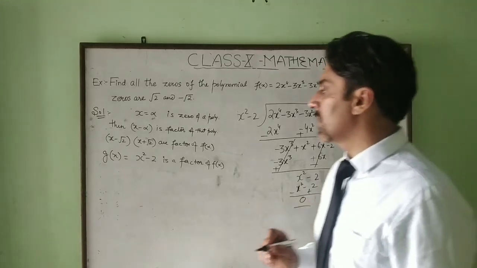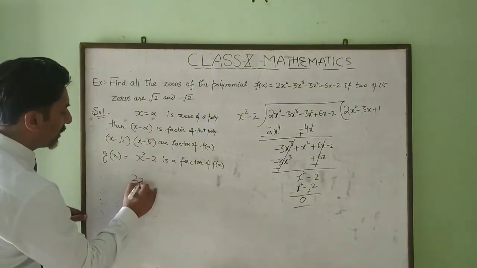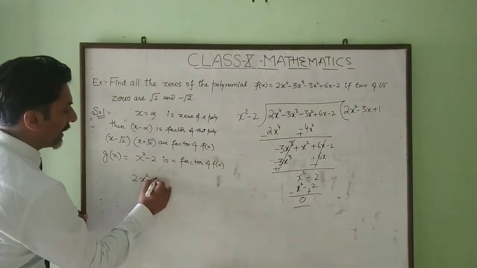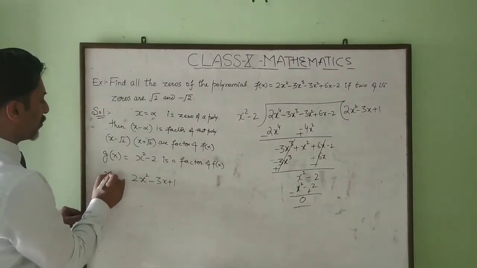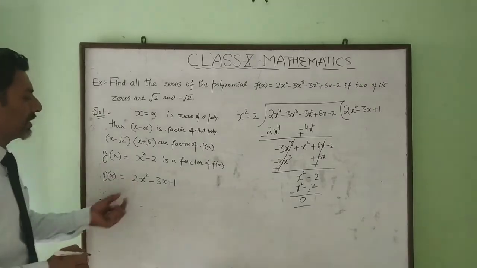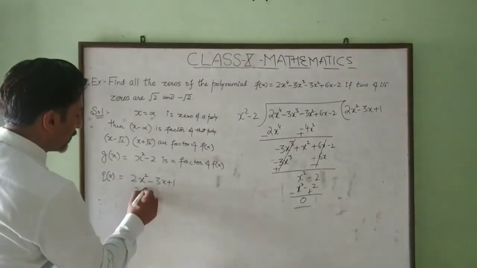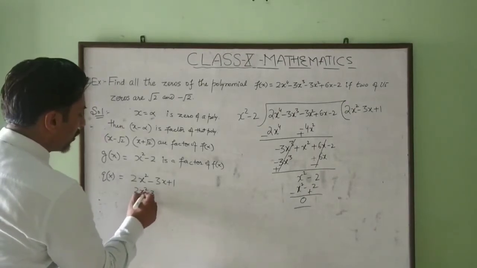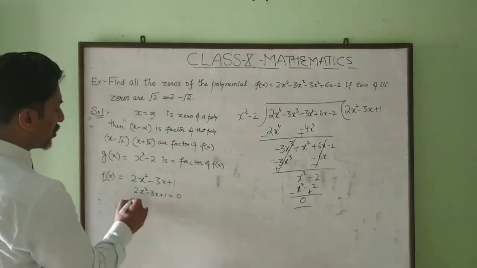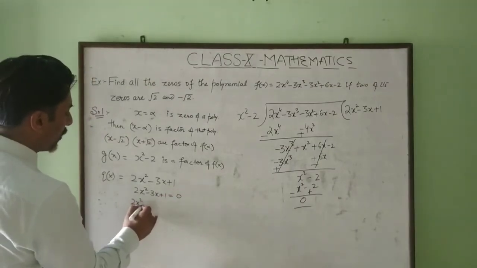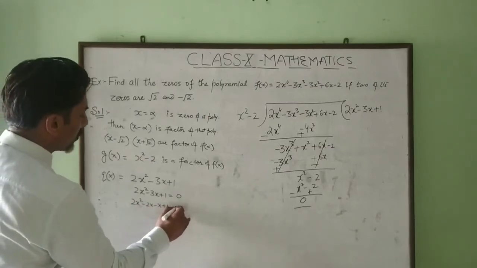So the remaining zeros of this f(x) we will get from this quotient 2x square minus 3x plus 1. This is your q(x). And remaining 2 zeros I'll get from here. Just by splitting the middle term, 2x square minus 3x plus 1 is equal to 0. I'll write it as 2x square minus 2x minus x plus 1 is equal to 0.